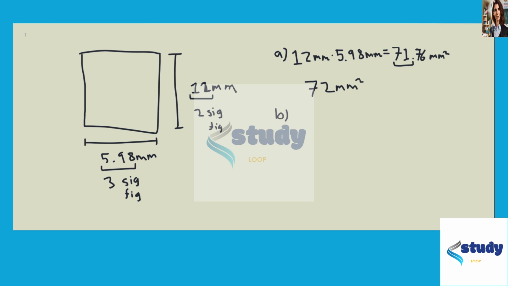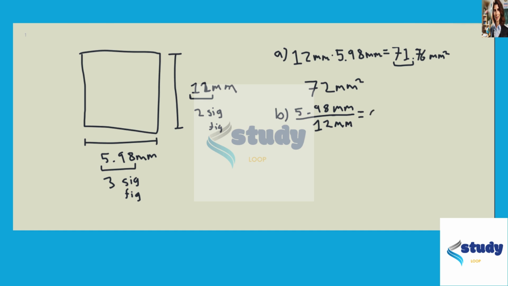Okay, for part B, it asks us to find the ratio of the rectangle's width to its length. So the width in this case is 5.98 millimeters divided by 12 millimeters. And with the same rule of multiplication, you keep the lowest number of significant figures, which is 2.